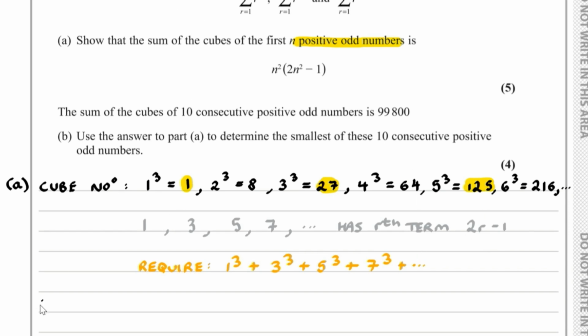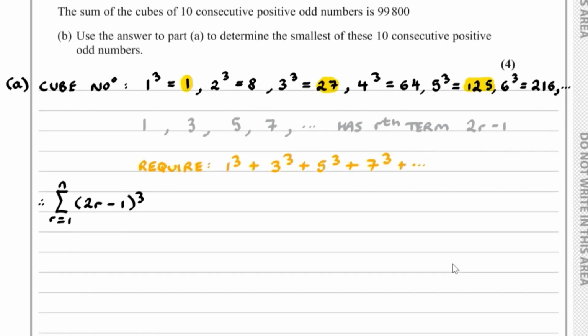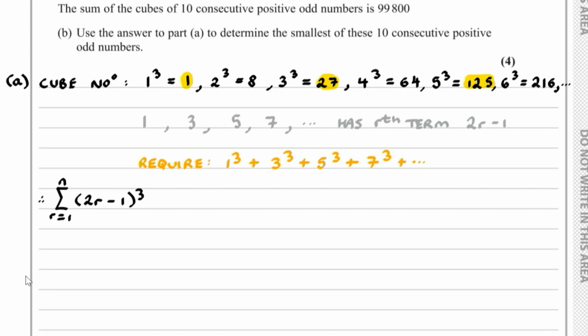So what we can conclude then is we require the sum from r equals 1 to r equals n of (2r minus 1) cubed. And so the general term over here is 2r minus 1 and then cubed.